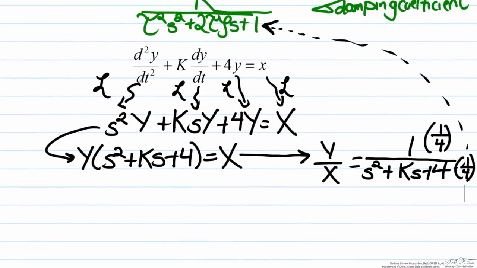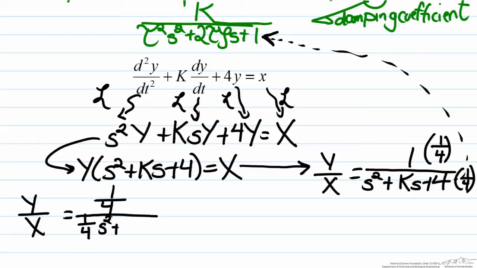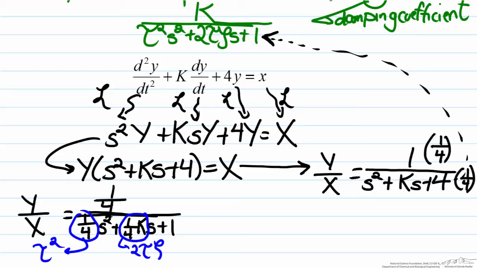When we do this, we end up with our transfer function of y over x equals 1/4 over 1/4 s squared plus 1/4 k times s plus 1. Now that we are in standard form, we can match our denominator with the standard form denominator. In other words, 1/4 is tau squared, and 1/4 k is going to be 2 times tau times zeta.